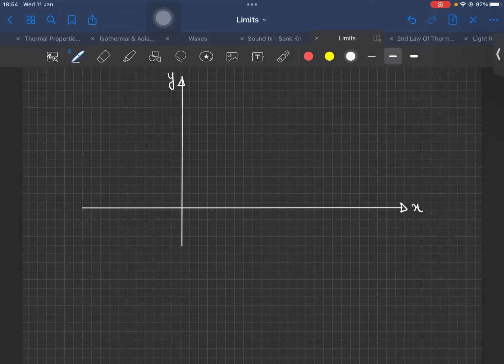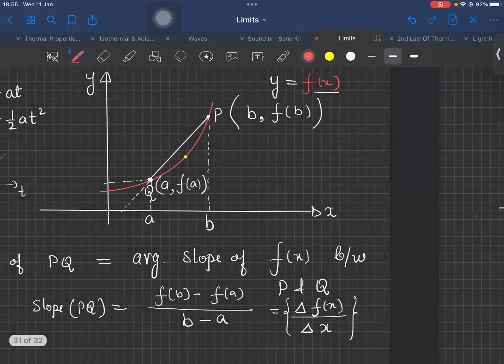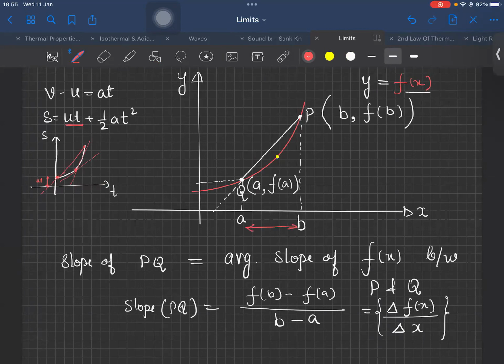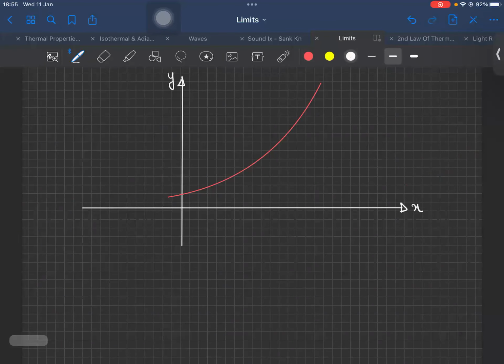Okay, so again, let's say the curve is a similar type of curve. Now let's say the difference between A and B is becoming very small. Let's say this point here is A, and this point is B, and they are coming closer to each other.